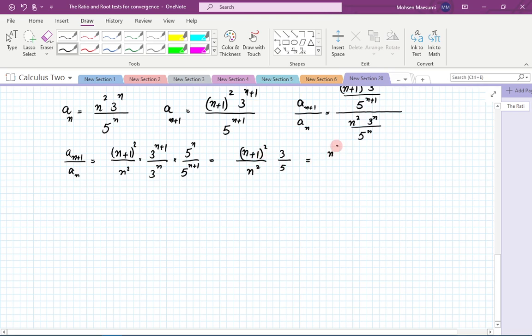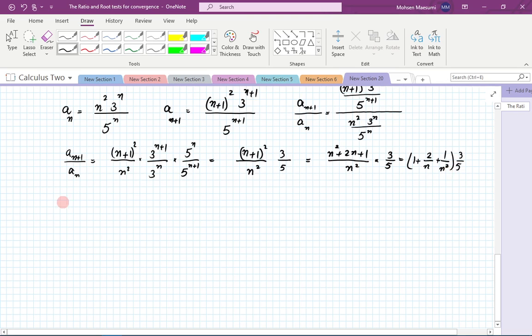To see that, let's go ahead and open this up. So I write this as n squared plus 2n plus 1 over n squared, then times 3/5. Let's simplify this by dividing by n squared. This is 1 plus 2 over n plus 1 over n squared, times 3/5.